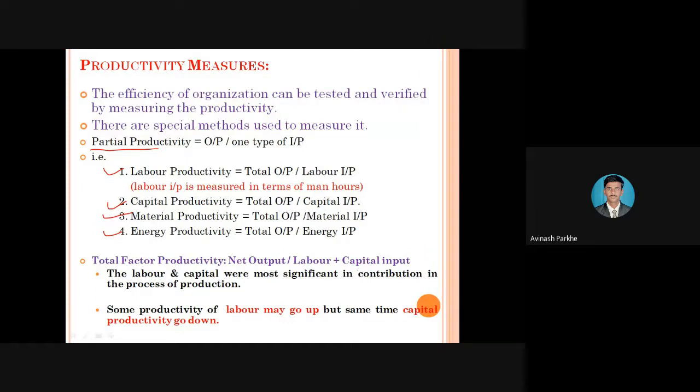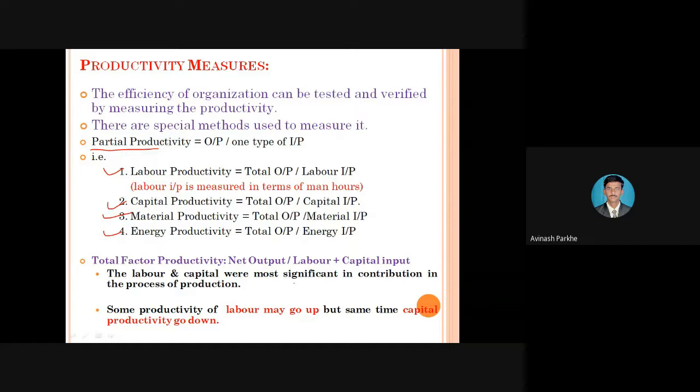In that, labor and capital make the more significant contribution in the process of production.